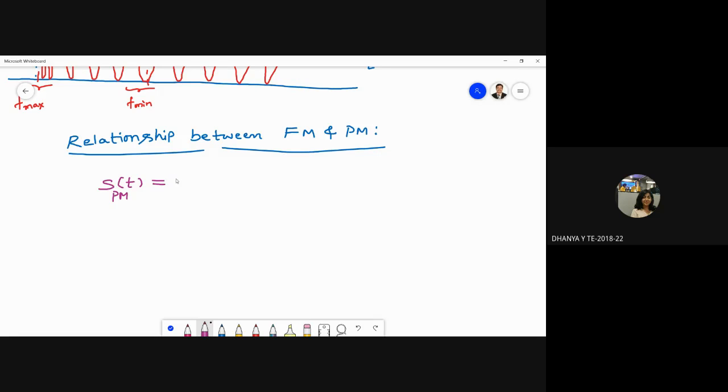S_PM of t is equal to AC cosine of 2 pi fc t plus Kp into m of t. Let me call this equation 1.